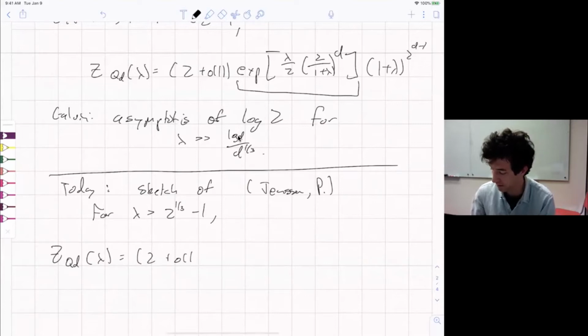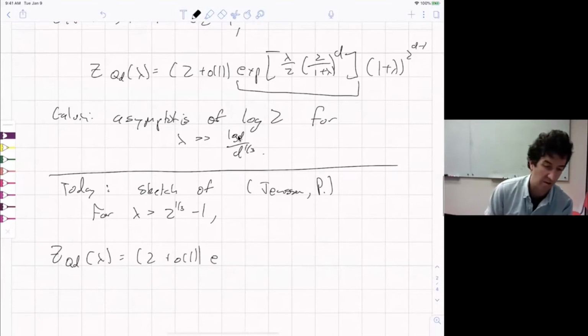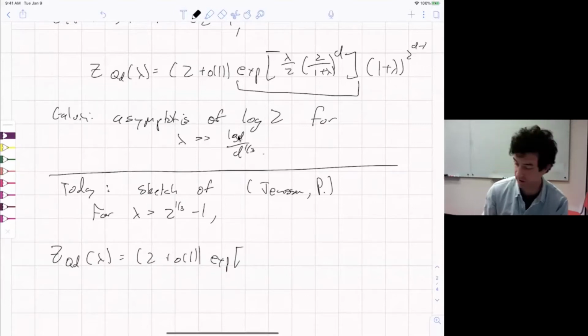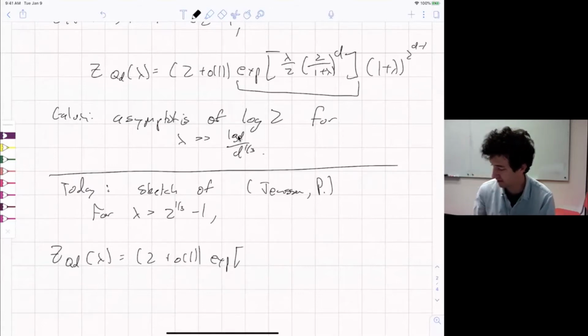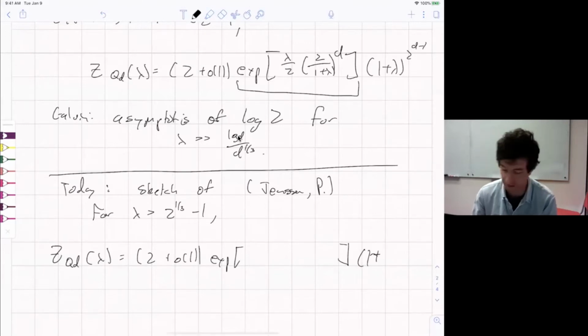You're going to have some exponential. Okay, I probably should just copy this from the notes, but let's write it. And then you get the (1 plus lambda) to the 2 to the d minus 1. And what's in the exponential? So you get this first factor. You get a 1 plus, and then you get something else.